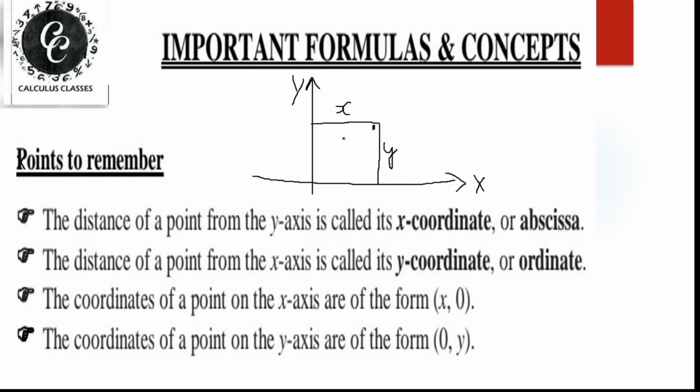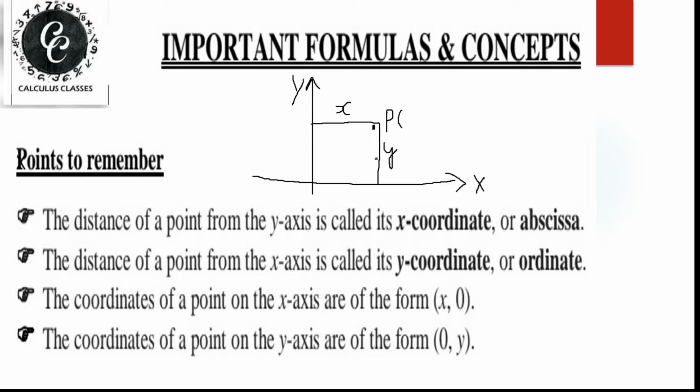Again, I will repeat. The distance of a point P from the y-axis is called its x coordinate or abscissa, and the distance of a point from the x-axis is called its y coordinate or ordinate.